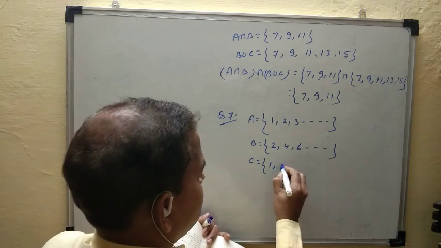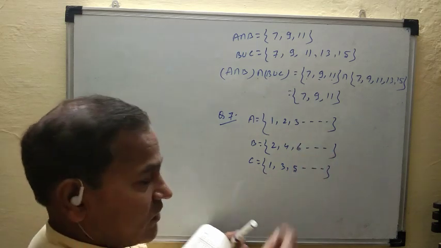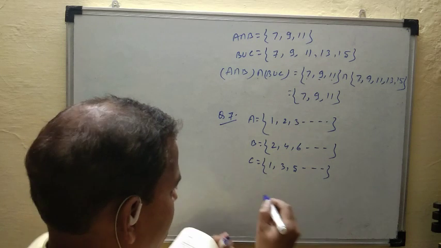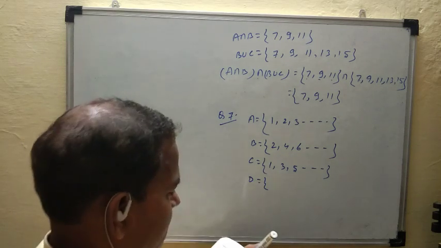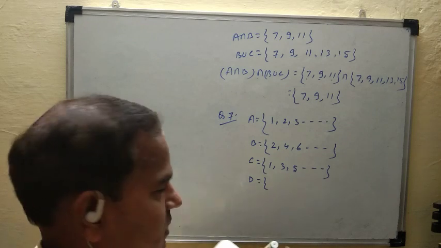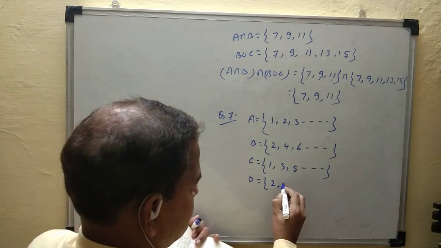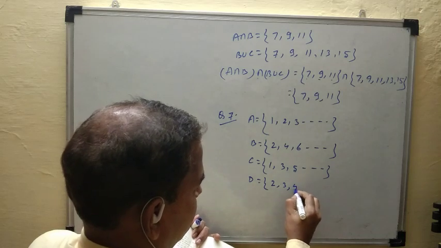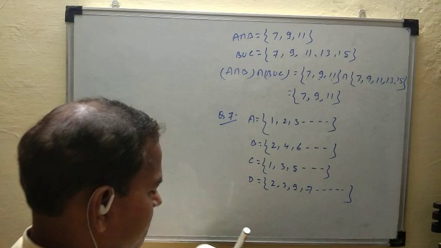Odd natural numbers start from 1, 3, 5 and so on. All are infinite sets. And D is equal to x such that x is a prime number. Prime numbers start from 2, next prime number 3, next 5, next 7 and so on. Write all prime numbers.